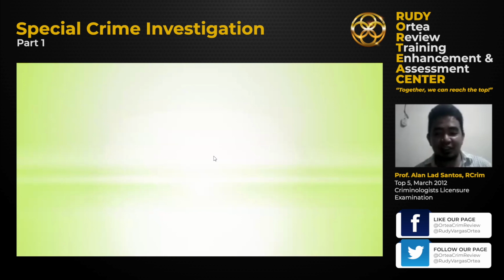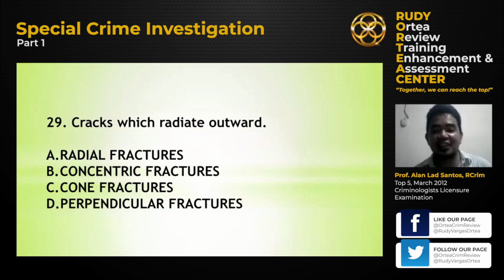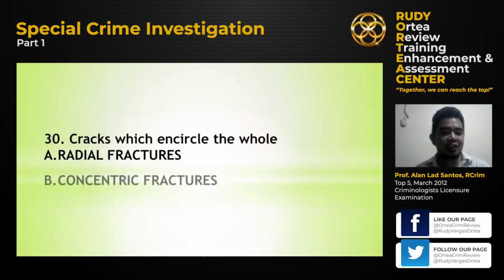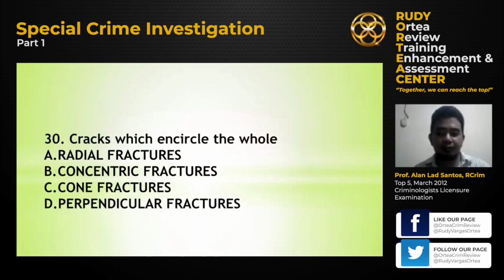Okay, sa number 29, Aldrin, the answer is alpha, radial fracture. So focus, guys. Let us now proceed to number 30. Yes, you are correct, Mexico. Box encircle the whole glass.